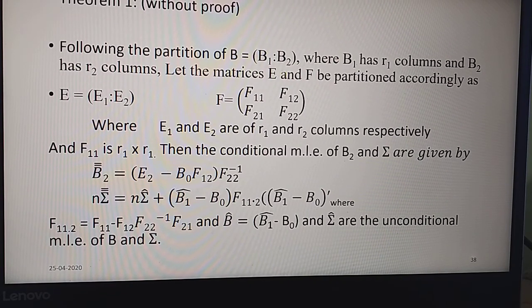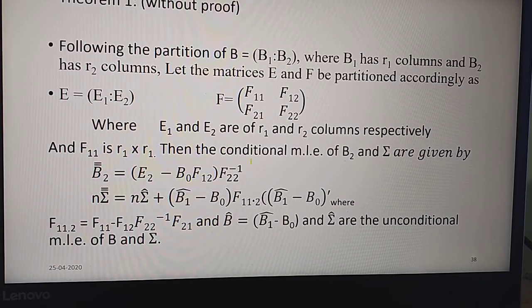Theorem 1 is again without proof. Following the partition of B as B1, B2, where B1 has r1 columns and B2 has r2 columns, the corresponding partitions of E and F are E equal to E1, E2, and F equal to F11, F12, F21, F22, where E1 and E2 have r1 and r2 columns. This corresponds to B1, B2, and F11 is r1 by r1.